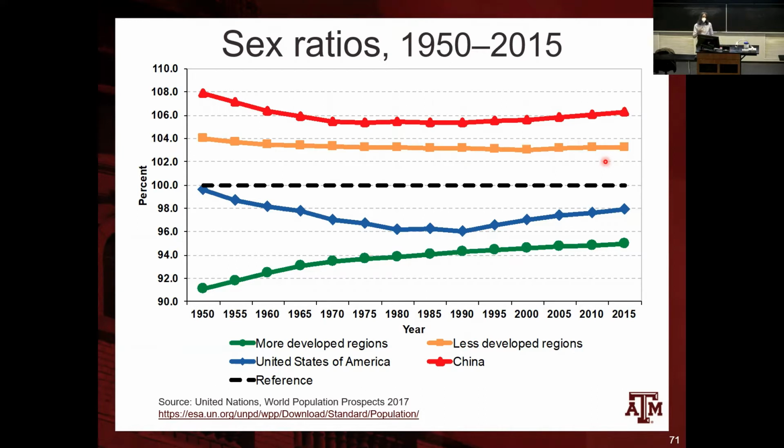So when a woman realizes that she's pregnant with a daughter, there are countries where they perform an abortion when they see that in an ultrasound because there is preference for sons. And that generates more boys being born than girls.